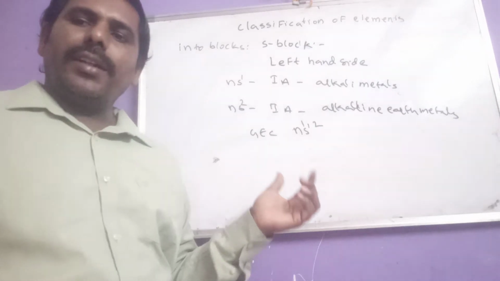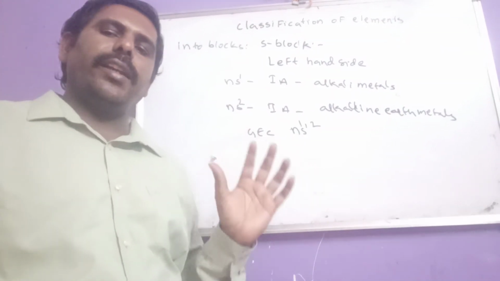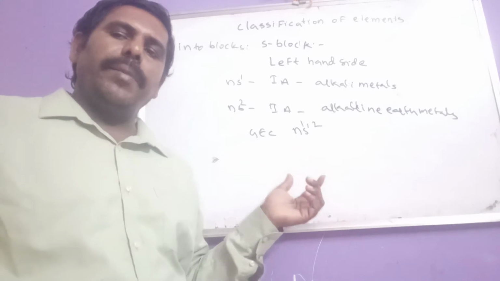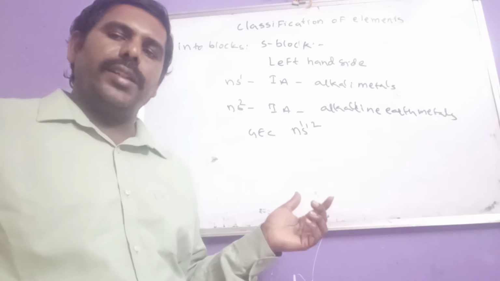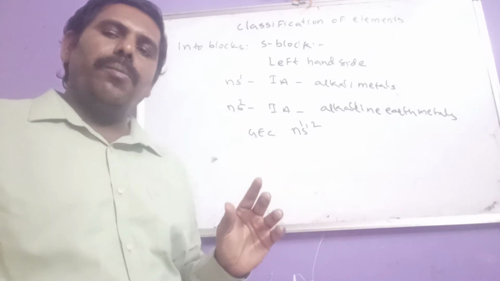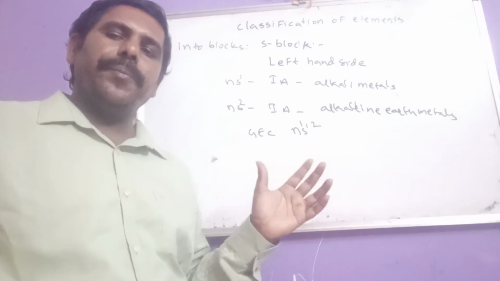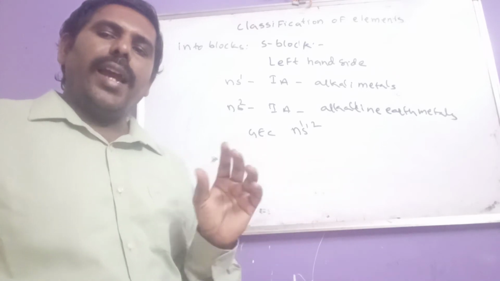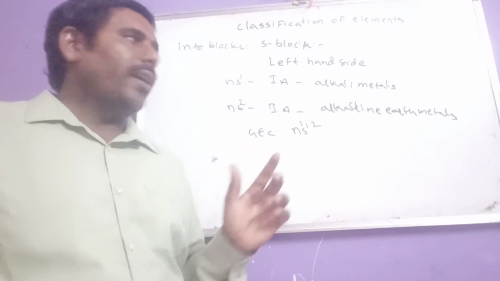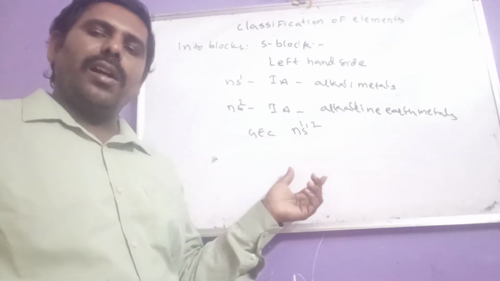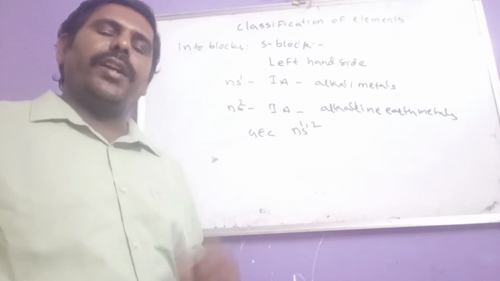And what are the characteristic properties of s block elements? Let us see here. All s block elements are metals and they have soft nature, low melting and boiling point values and low density. Also they act as good reducing agents, because by losing electrons these s block elements get inert gas configuration.